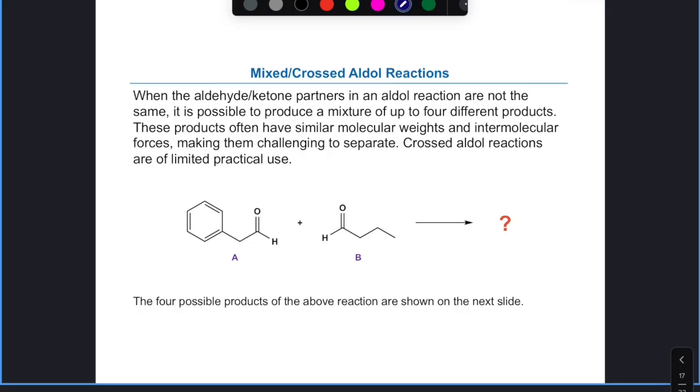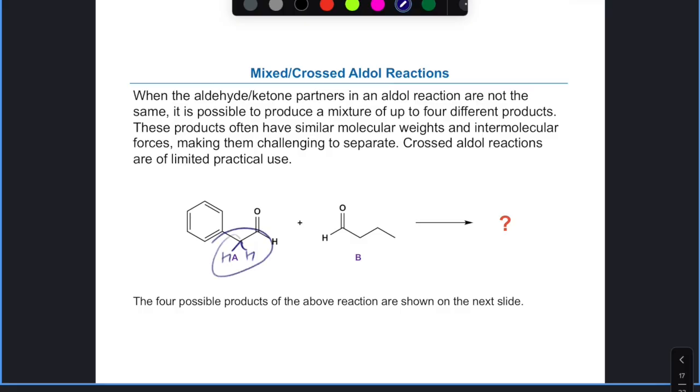Now again, you've got some degree of control, but look at this one for a second. If I start with these two molecules and I do nothing else to the system, if I just treat it with base, I have A and B, and if I put them together, there are 4 possible condensation products I could make. So what I mean is, I have 2 protons here, which means I could use that as both a donor and an acceptor.